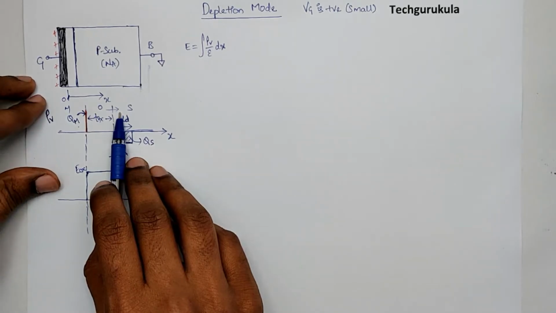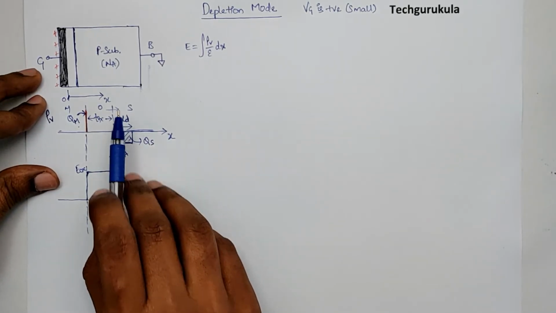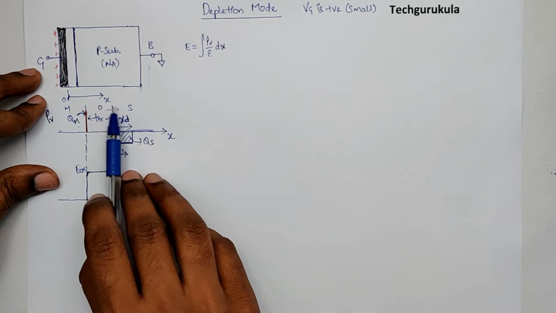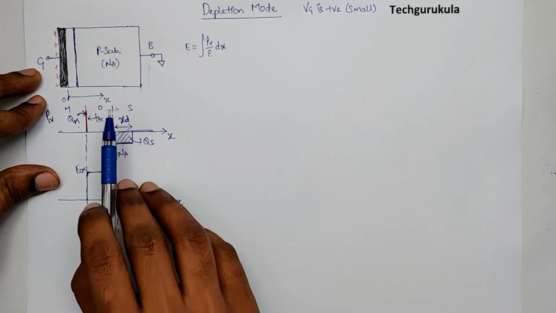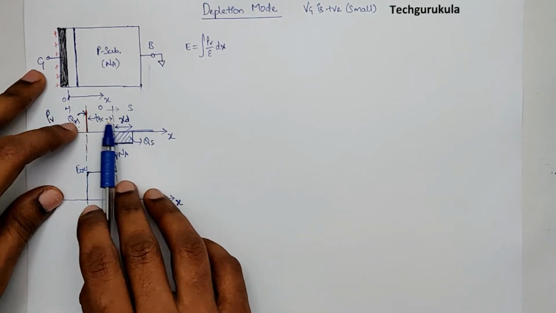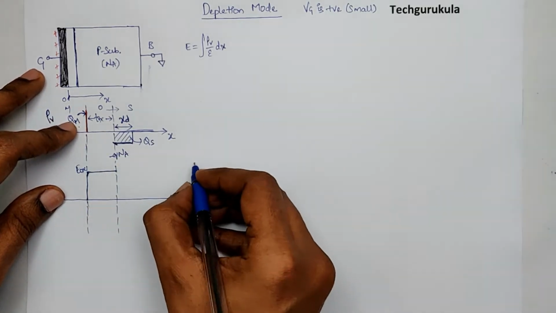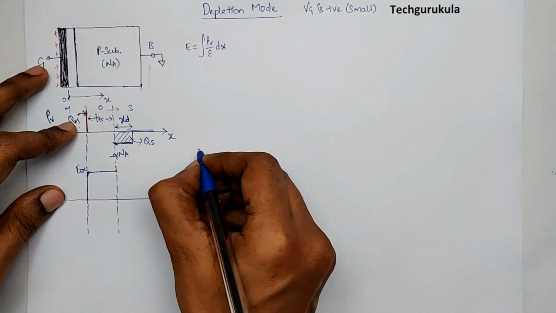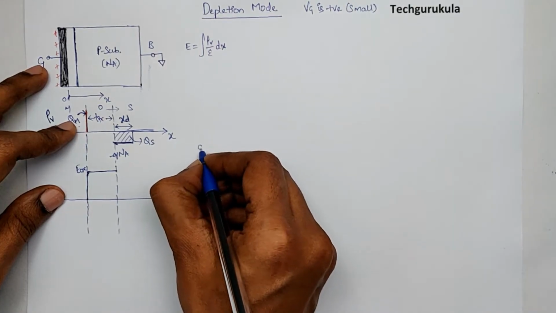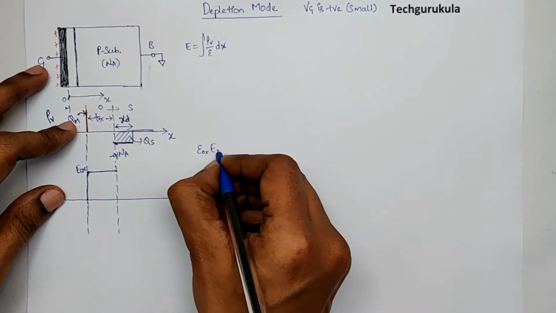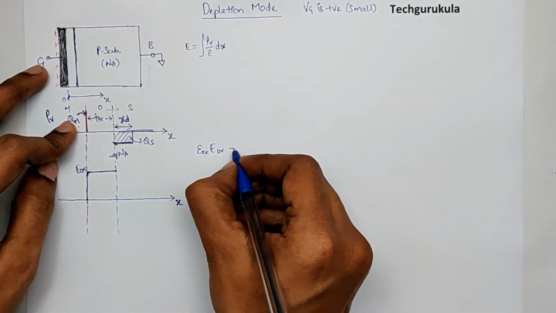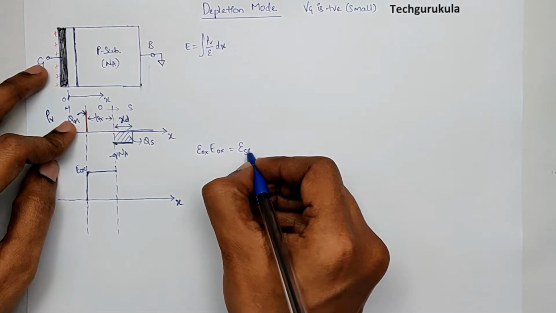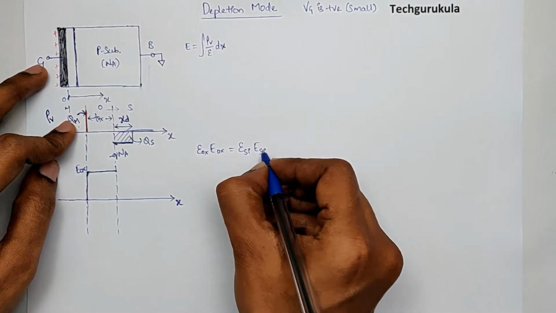We know from the boundary conditions in electromagnetics that the electric field cannot be continuous at the boundary, but the displacement flux densities can be continuous. Hence I can say that D, which is epsilon ox times E ox, the displacement flux density inside the oxide, will be equal to epsilon Si times E Si.